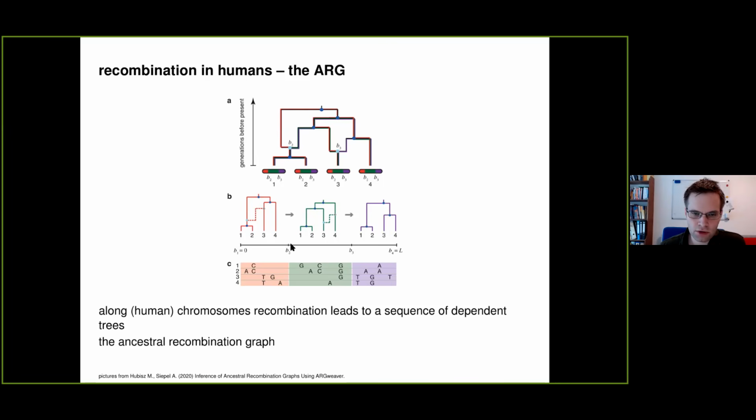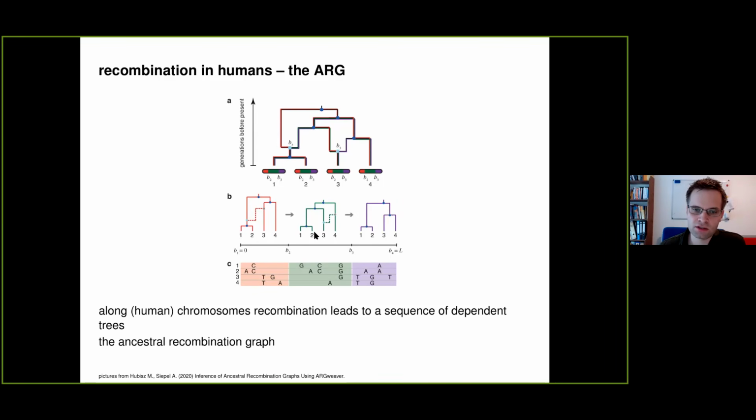You can also see that, so if this is the chromosome here from B equals 0 to B equals L, then at B2, the tree which connects the local ancestry of this part of the genome changes to this tree, as now there is a different structure.